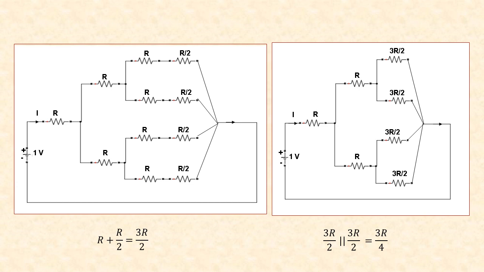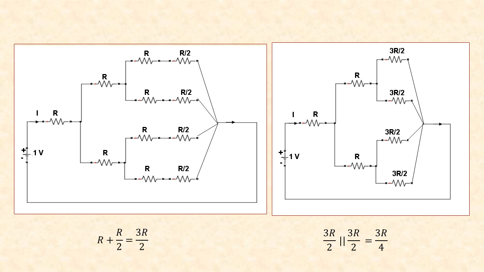Here we are replacing each series connection with a single resistor. So we have 4 resistors, 3R by 2. Now these 3R by 2 are in parallel with each other. So the parallel equivalent will be 3R by 4.